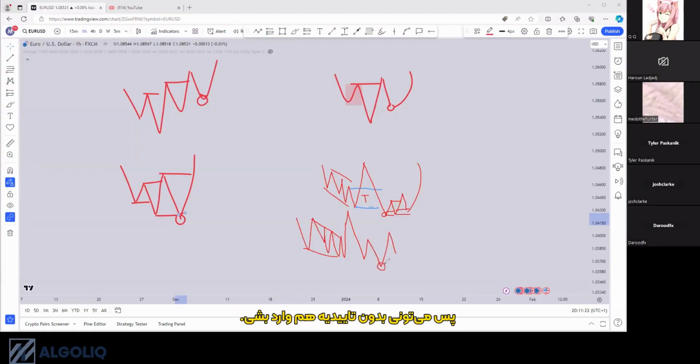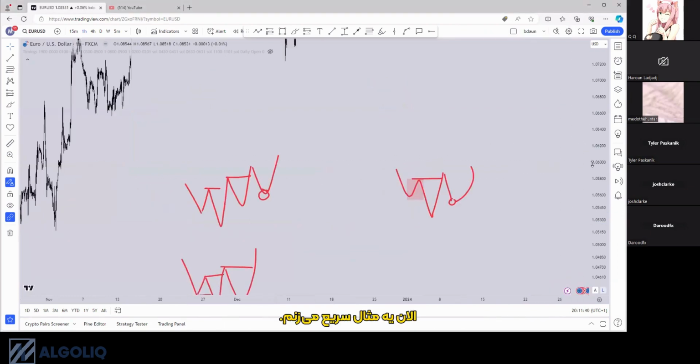So you can enter without confirmations, or lower time confirmations if you want to. Or you can enter after break of structure and take a buy. So this is the most objective trap we'll ever have. Let me show you some quick example now.